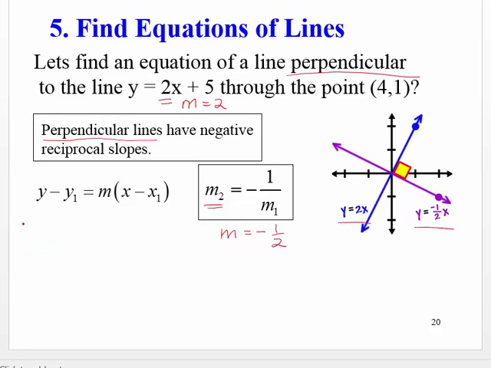Okay, so same thing, y minus 1 is equal to, we have this one here, then we'll use this one, is equal to minus 1/2 times x minus 4.